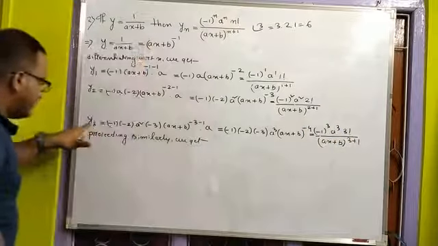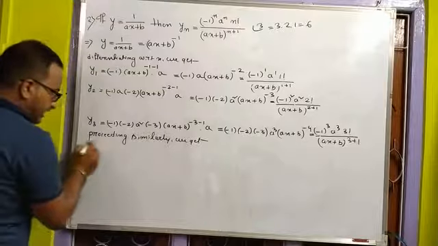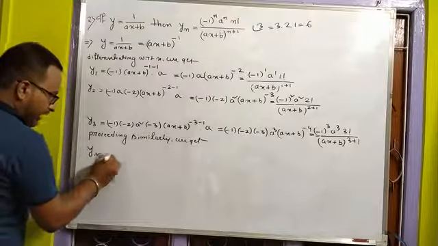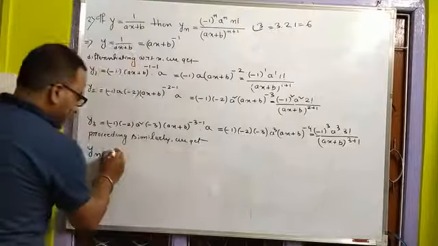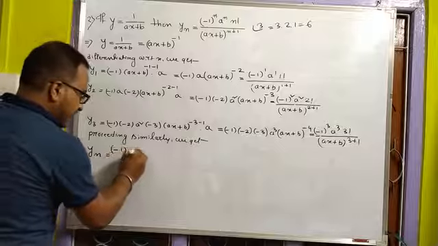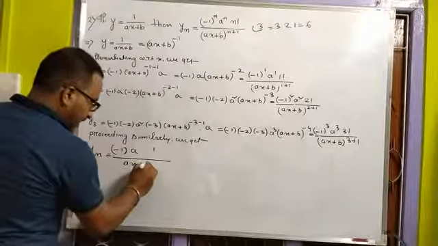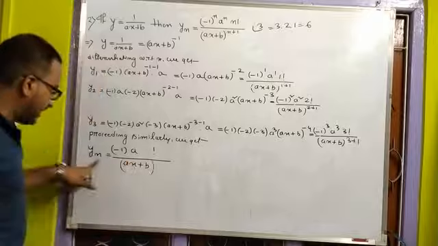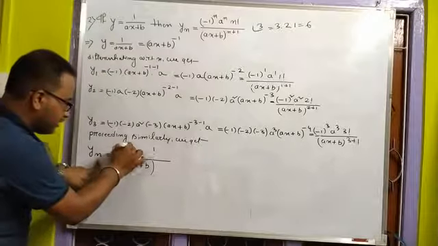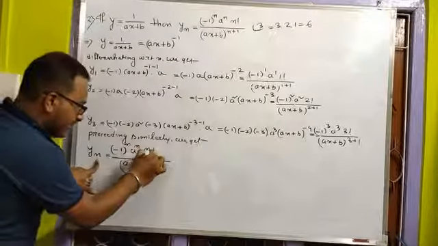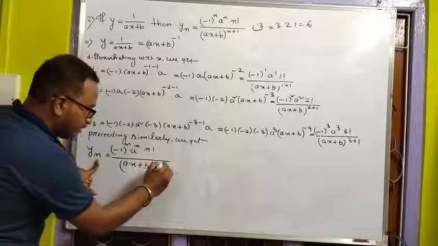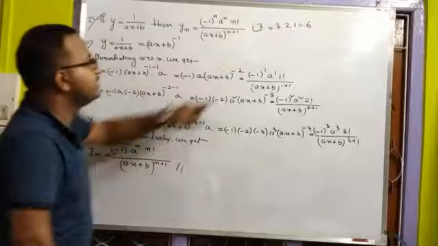So when it is n, proceeding similarly, when it is yn, you will get the same structure: minus 1, then a, then factorial divided by ax plus b. As it is n, it will be n factorial, then n plus 1, and that is the result of this.